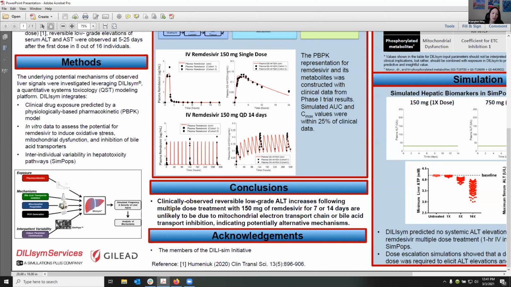So far, using these 3 mechanisms alone or in combination, we have reasonably predicted the hepatotoxicity potential of about 80% of the 82 compounds we tested in DILIsym. We employed a previously constructed simulated population of normal healthy volunteers that represents inter-individual variability in hepatotoxicity pathways to run simulations at the population level.